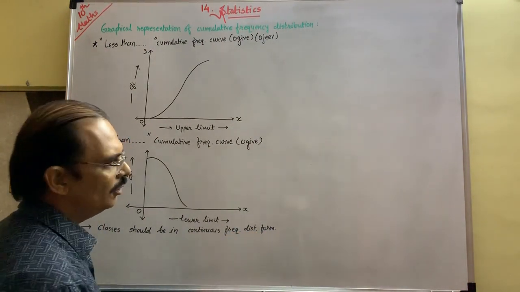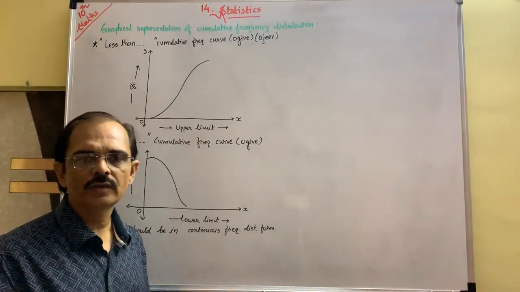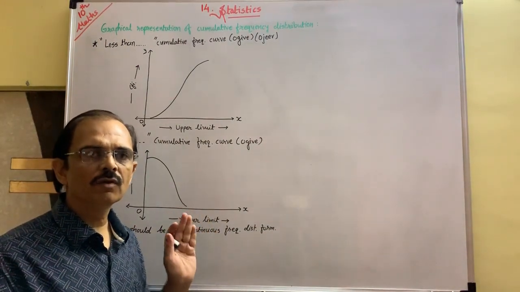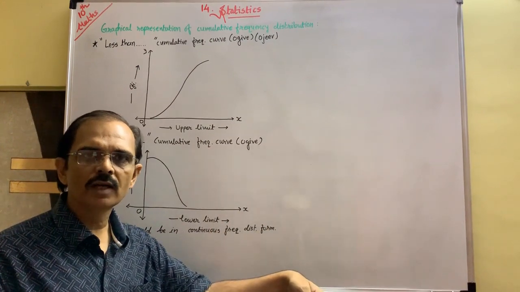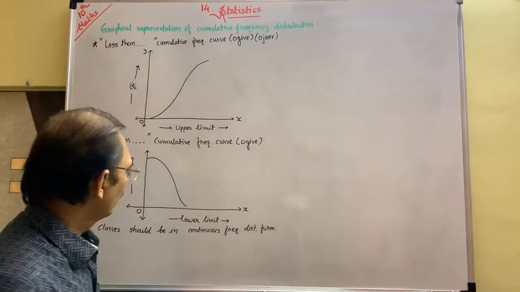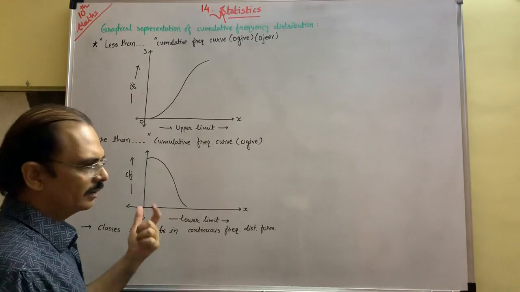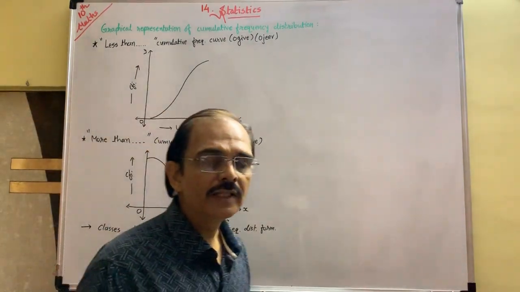If it is not given, you have to convert it into continuous form, means subtract 0.5 from the lower limit and add 0.5 to the upper limit. Now from this, can you derive the median?